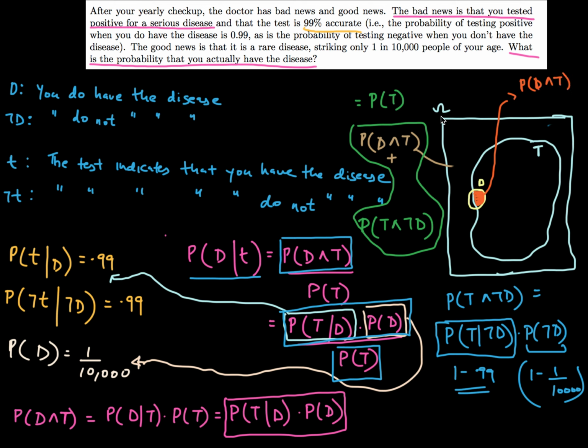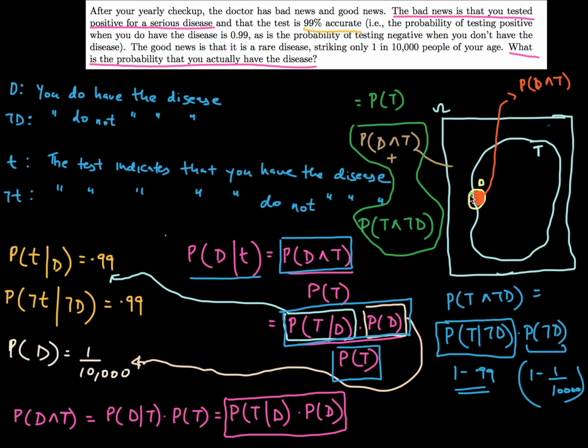Okay, so from this entire universal space, there are these folks in orange that actually do have the disease and have been tested, and the test indicates that they have a disease as well. However, there are some people over here, and let's call these people in green.